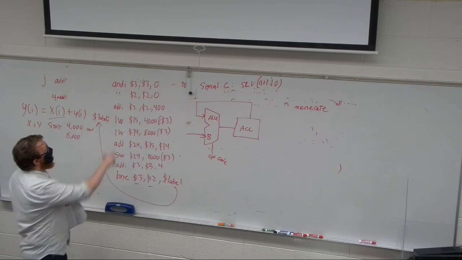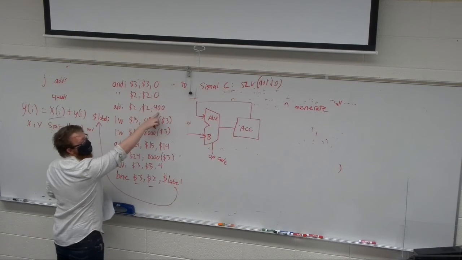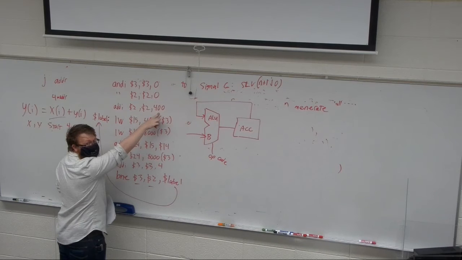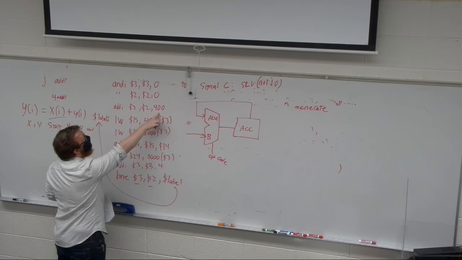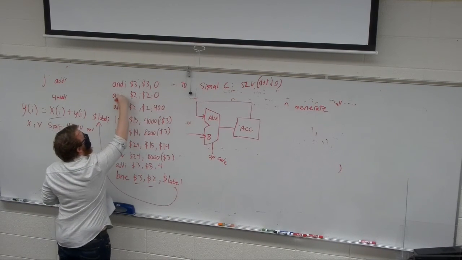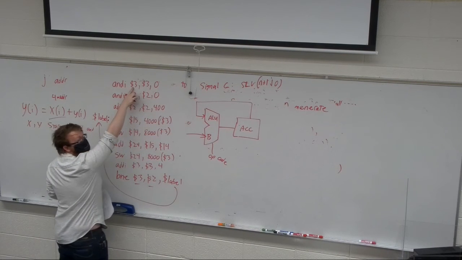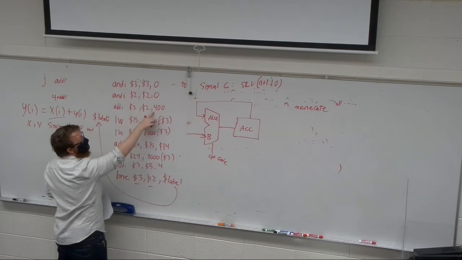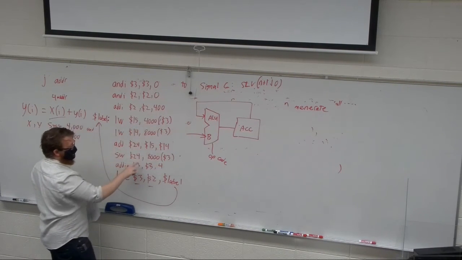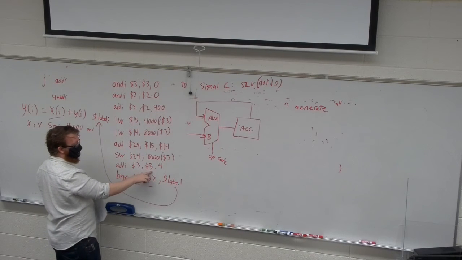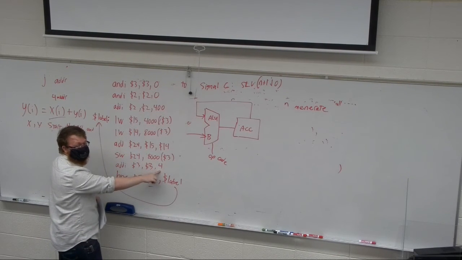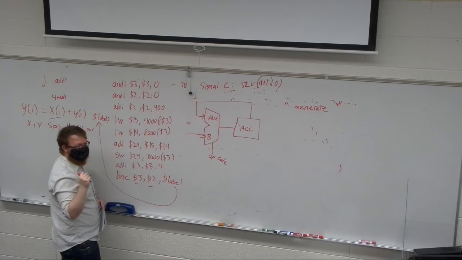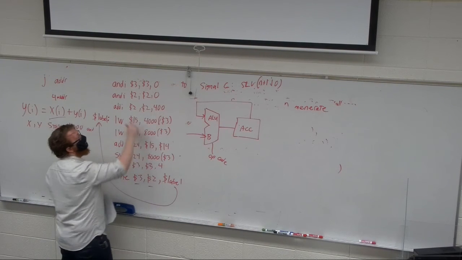Well, no, 2 is 400. So we reset at 0 and then store 400. Okay, so 3 starts at 0. 2 starts at 400. Then here, 3, it's add immediate with 4, by 4 up to 400.